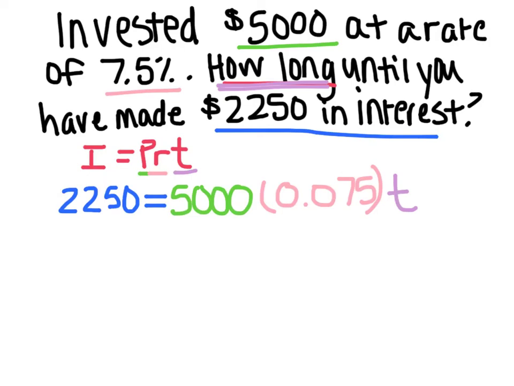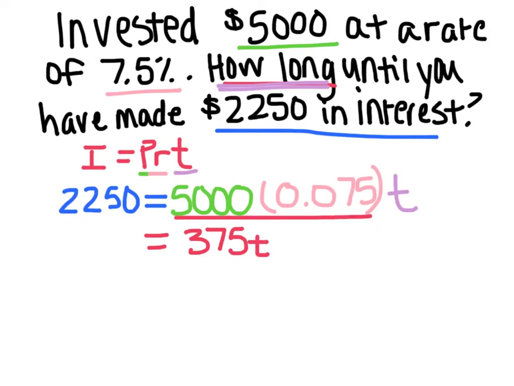The first thing I'm going to do is take 5,000 times 0.075 and see what I get. I get 375. So I multiplied that.